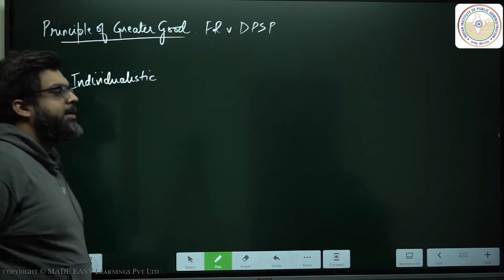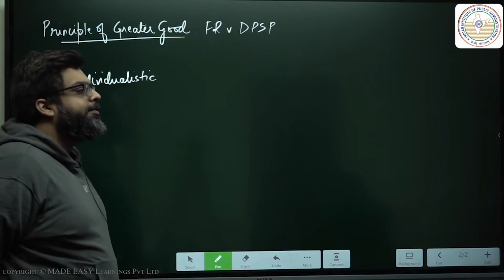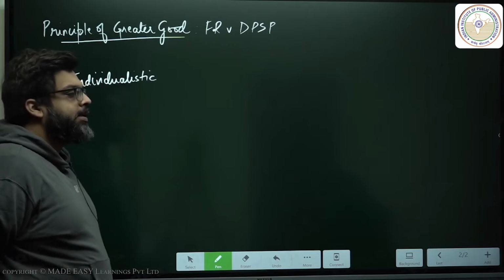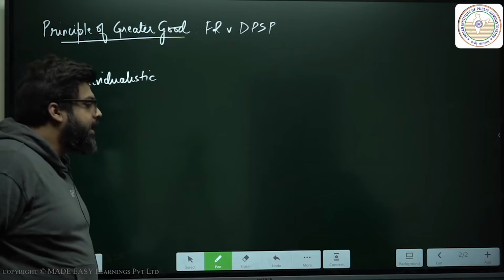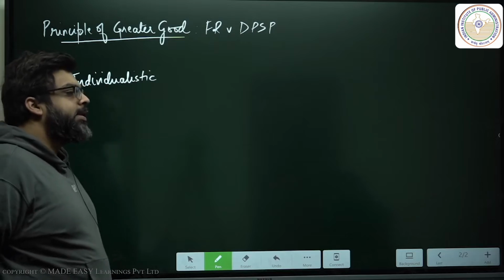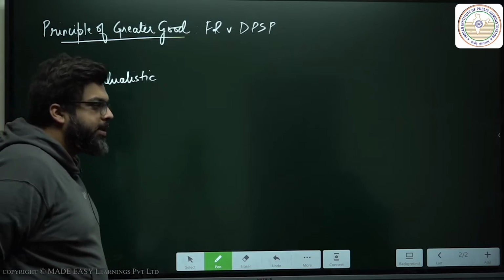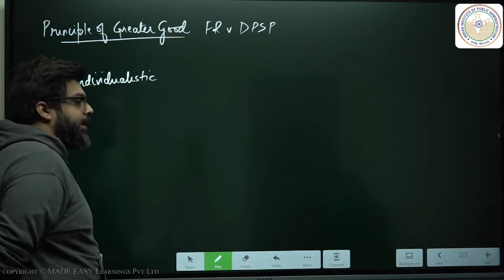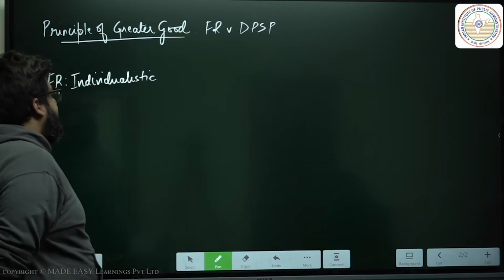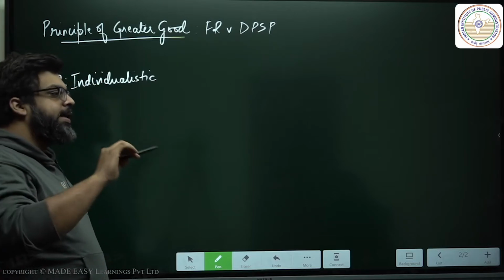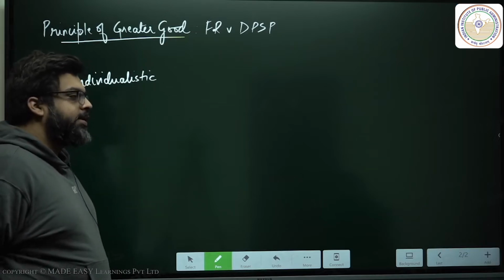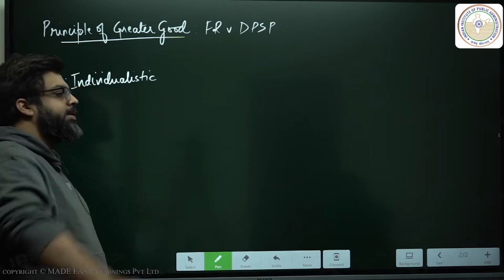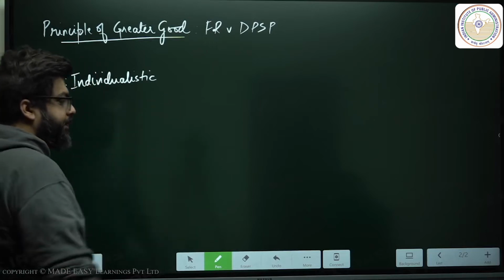Your fundamental right has been individually guaranteed to be protected against the state. We had discussed this in our initial classes as to how fundamental rights are basically protections against violations of the state. They are negative obligations against the state.